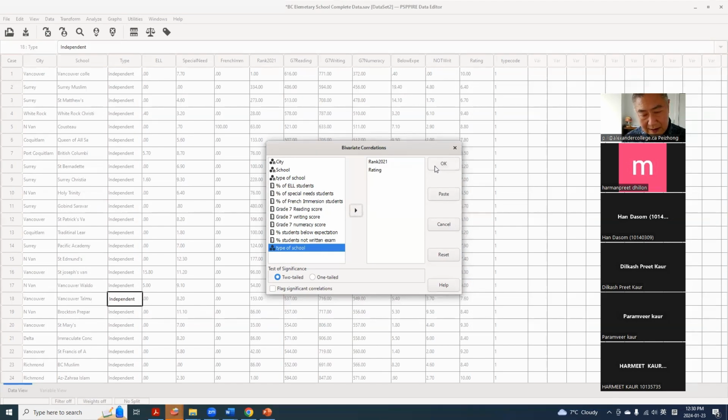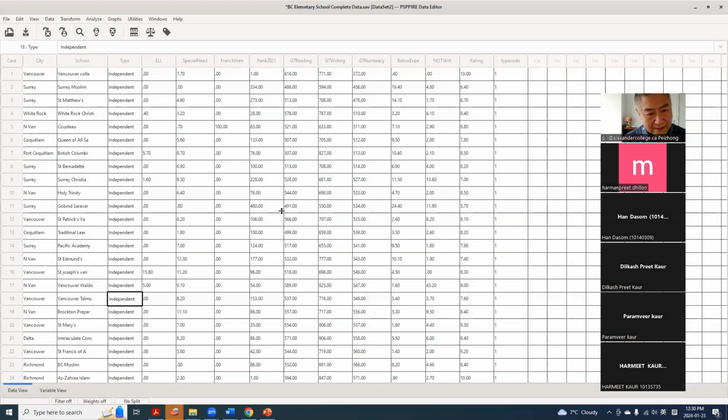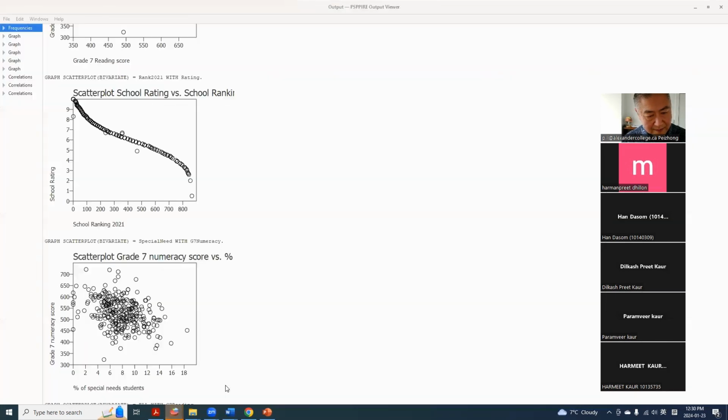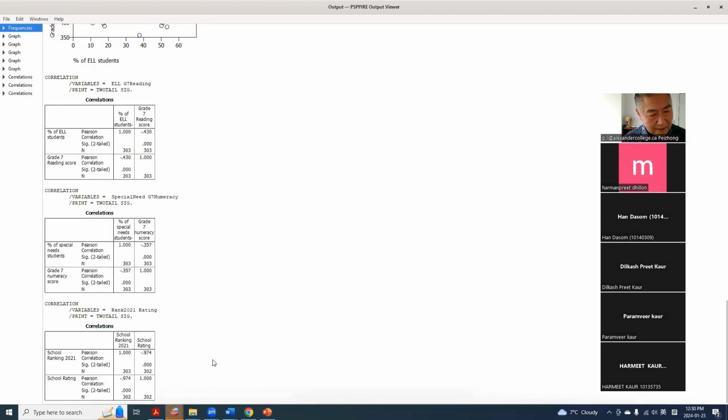Ranking, rating. Okay. Oh, look at how strong it is. Negative 0.974, negative 0.98, almost negative 1.0.